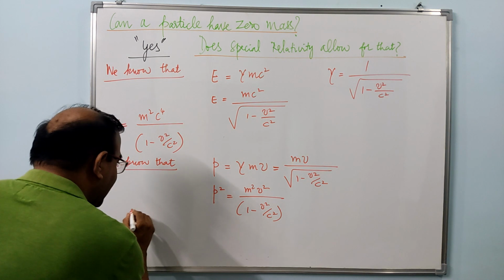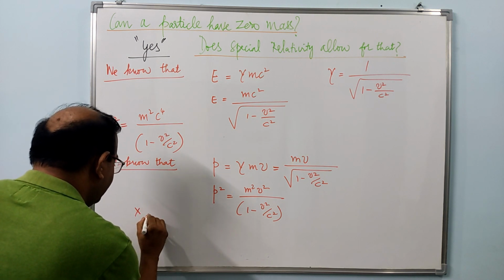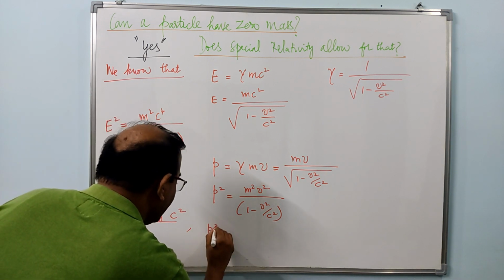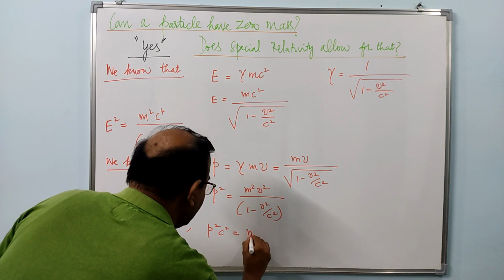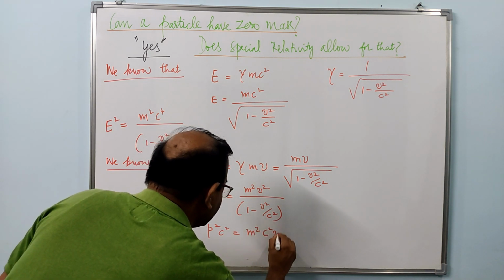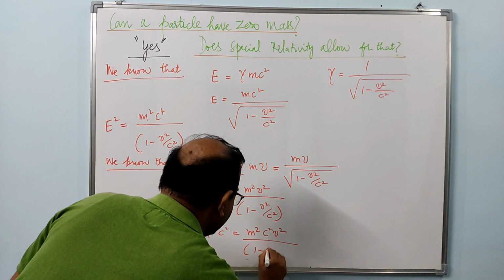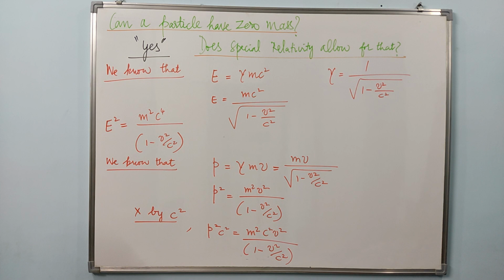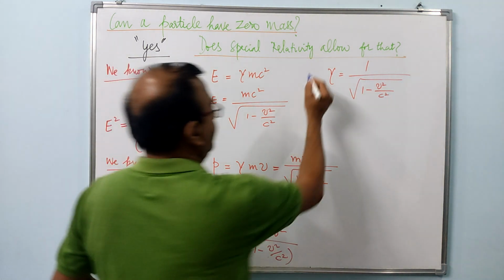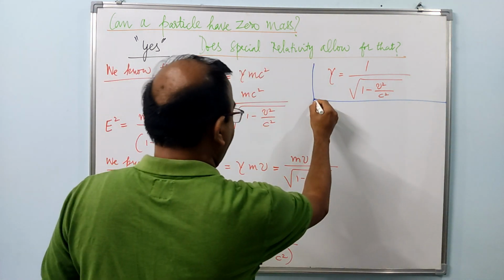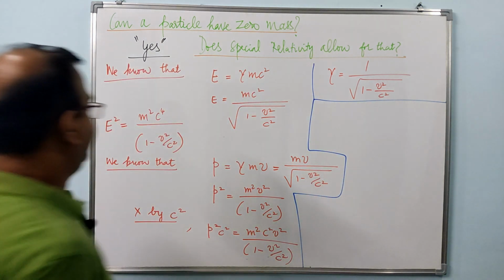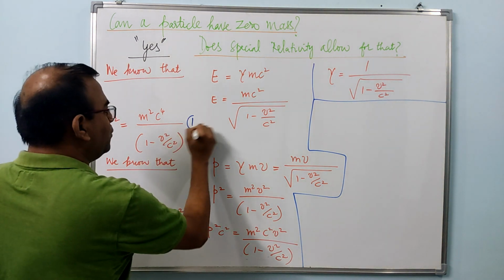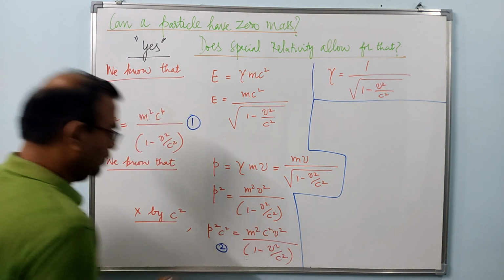If I multiply both sides by c squared, I get p squared c squared is equal to m squared c squared v squared over 1 minus v squared over c squared. I call this equation 1 and I call this one as 2.